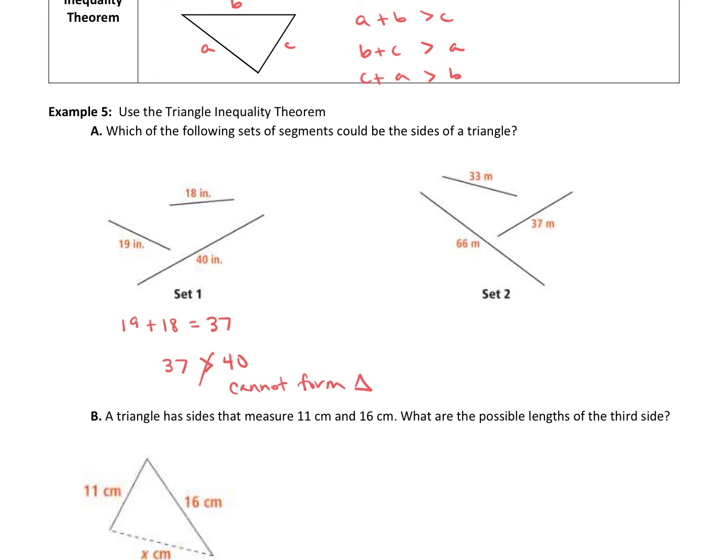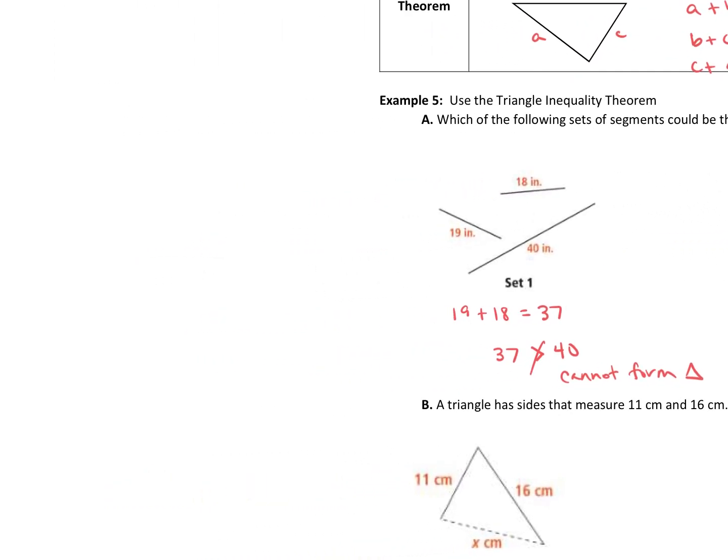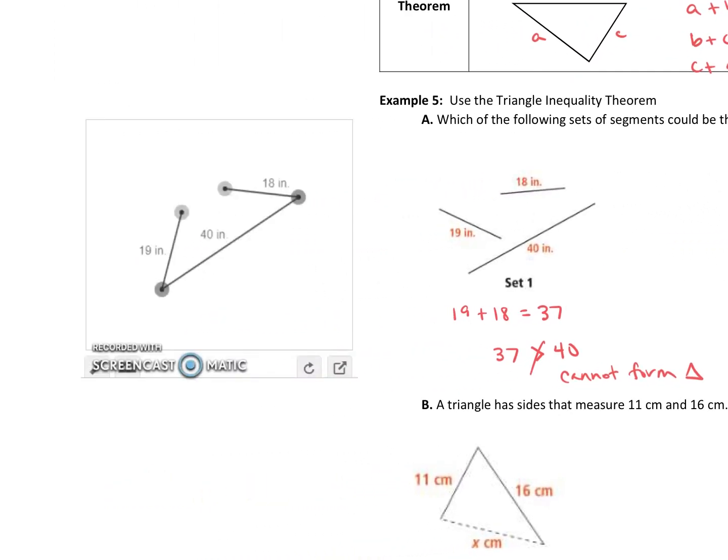And let me give you a nice little visual of that over here on the side so you can see what that would look like. Here we have a really good visual of these side lengths. Here's our 40-inch side of a triangle, another side 19 inches, and another side 18 inches. So can we physically form a triangle with these?